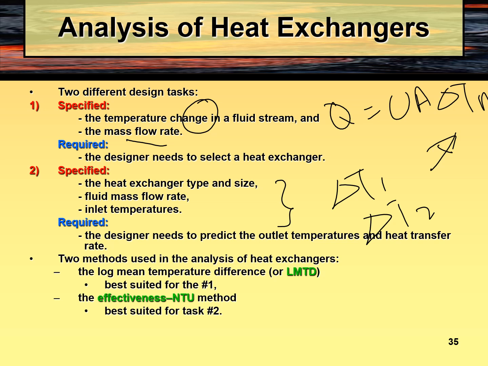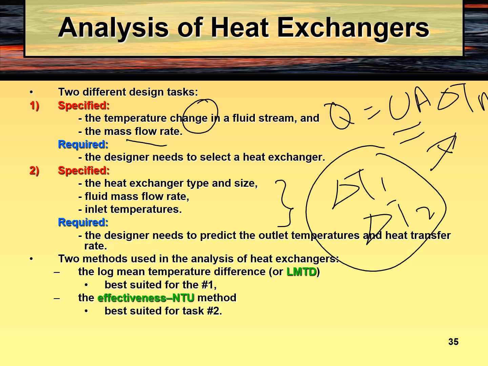These are the specified temperatures that you need to know before you can do this analysis. And then U and A, the overall heat transfer coefficient and area. So the designer either needs to predict the delta Tm, or needs to know the sizing of the heat exchanger prior to this analysis. This is the limitation when you analyze using the log mean temperature difference, because the specification you need to know is the temperature itself.